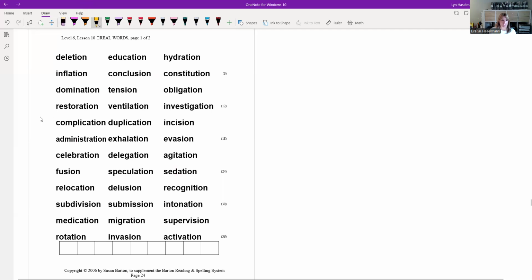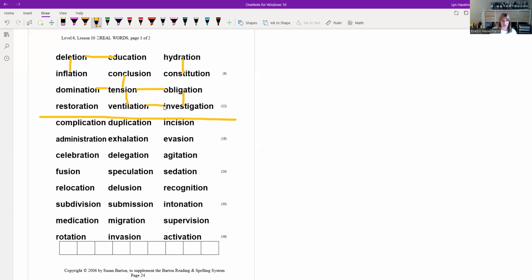The way that we would play dots and boxes, let's say we're just playing with the top part of the board, I would say deletion to inflation. Partner, we would continue going: conclusion to tension, domination to tension, hydration to constitution, tension to ventilation, deletion to education, tension to obligation, obligation to investigation.